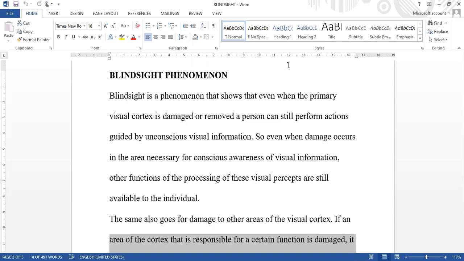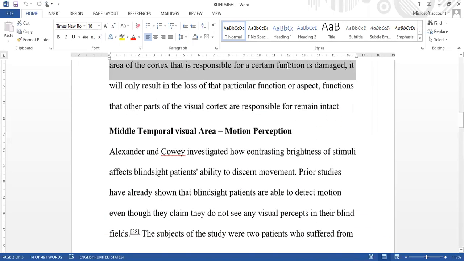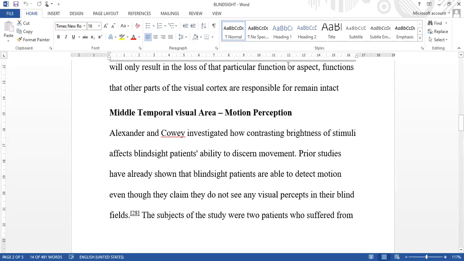So since the other region responsible for motion or processing of information is intact, it means that definitely the person can still perceive. So this time around, the person is not using his or her area V1 to see what is happening, but there's motion, movement. So definitely they can sense that someone is really closer.